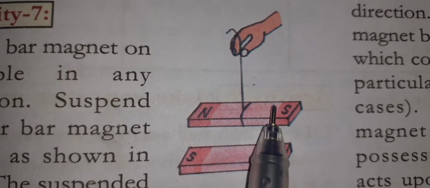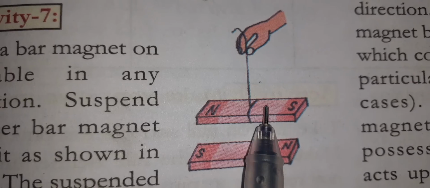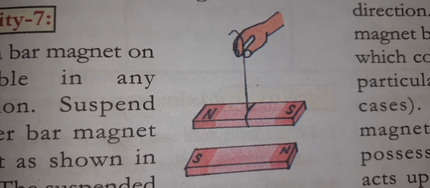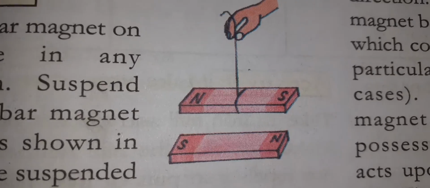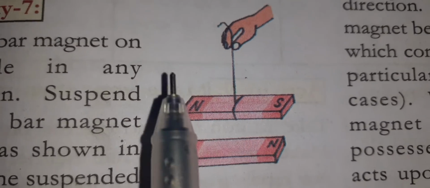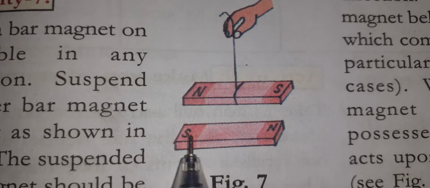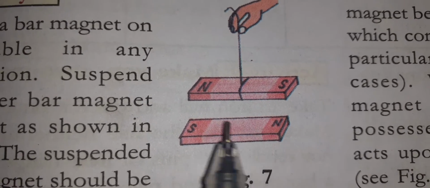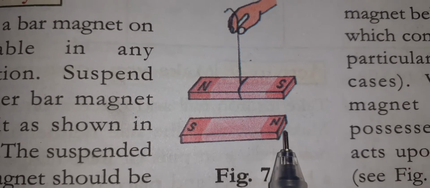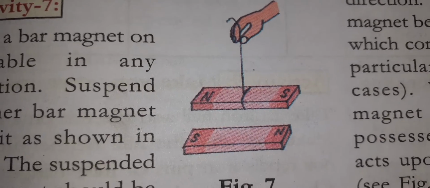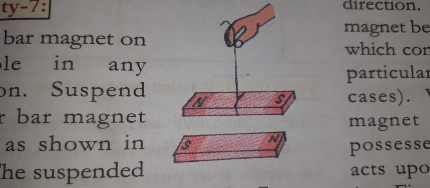The suspended bar magnet has a north pole and a south pole, and the magnet kept on the table has its north and south poles opposite to the suspended one.